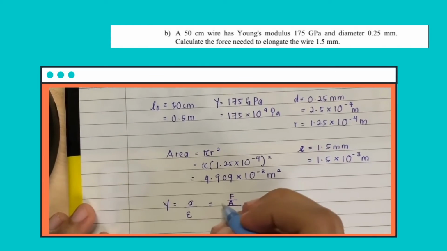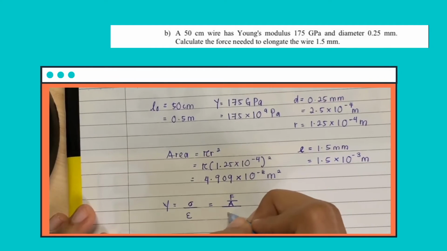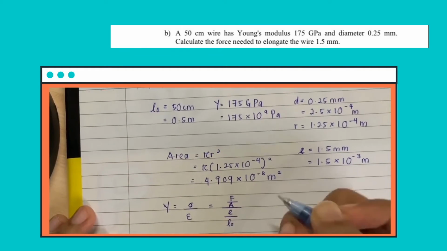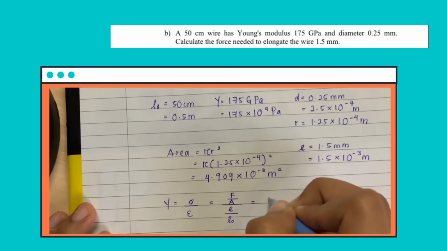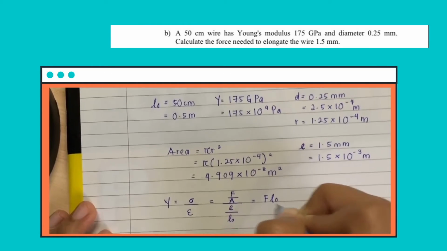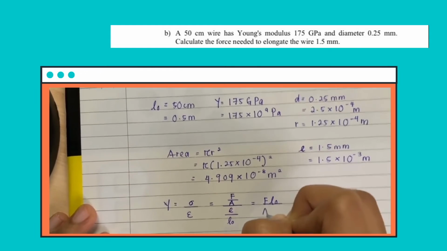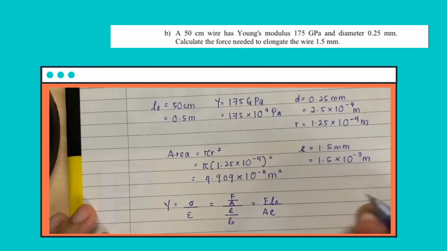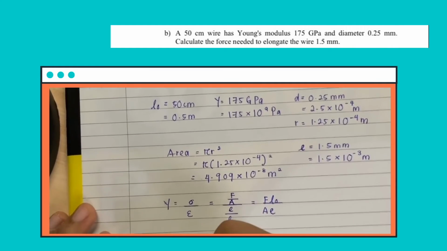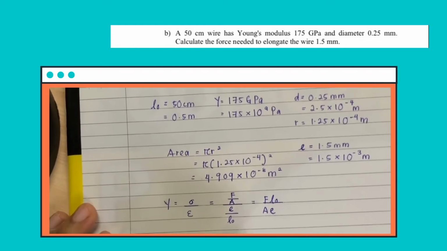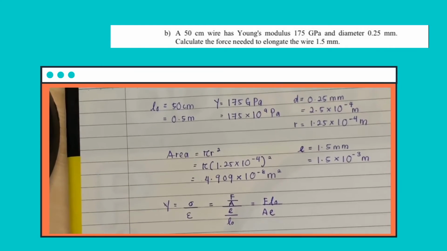So bagikan dengan tensile strain adalah extension over pula dengan initial length. So at the end dia punya formula adalah F times initial length over dengan area times extension. So sama lah Y equals F times initial length over area times extension.